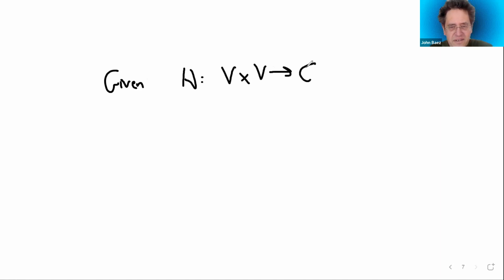Okay. So, okay, so let's start with our H, which is sesquilinear. And it has this integrality property.